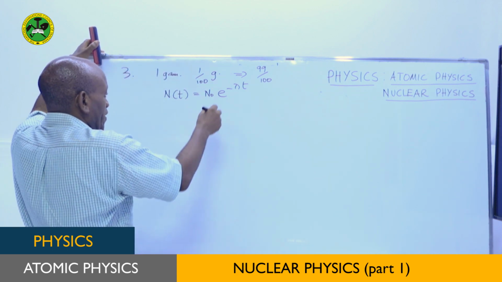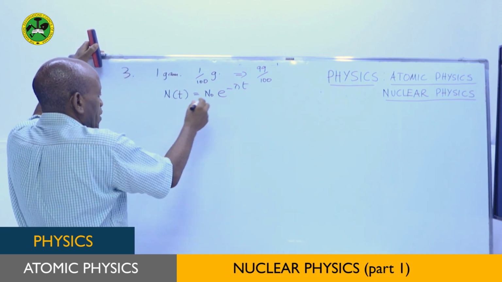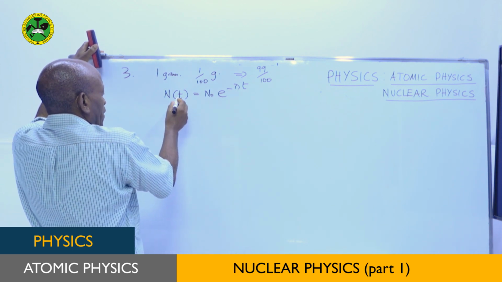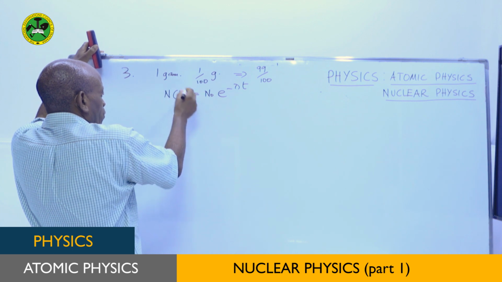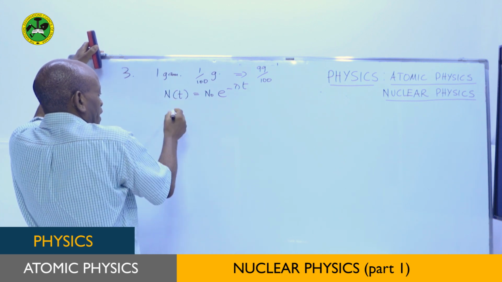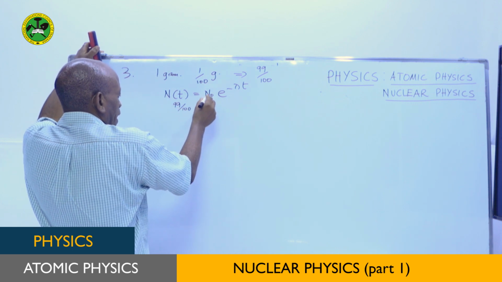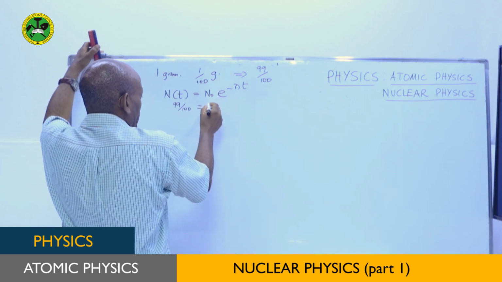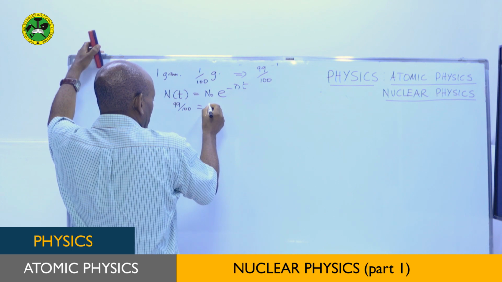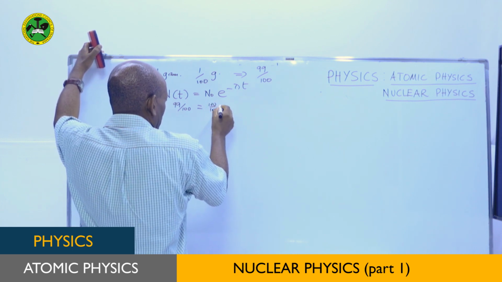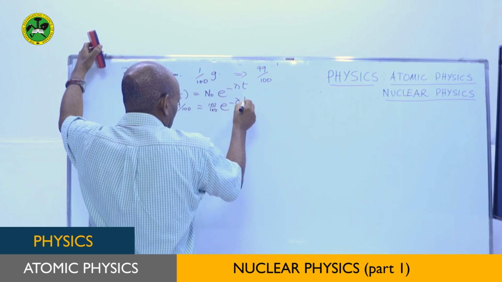So we can substitute the values here: the sample left after time t is 99/100, and the original sample is 100/100, which is 1, times e power minus lambda t.